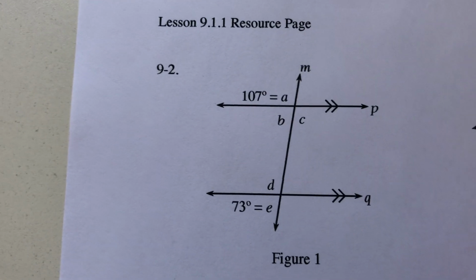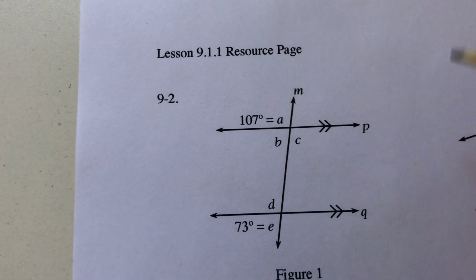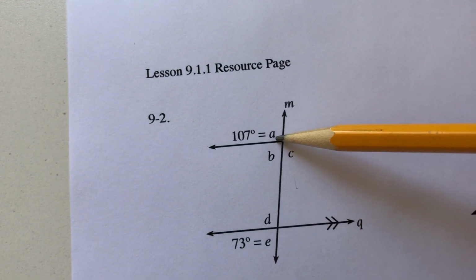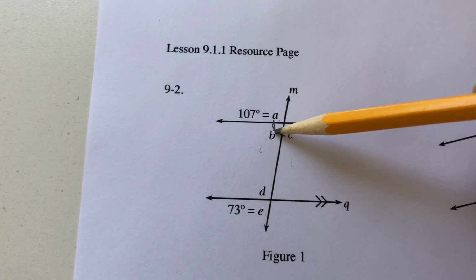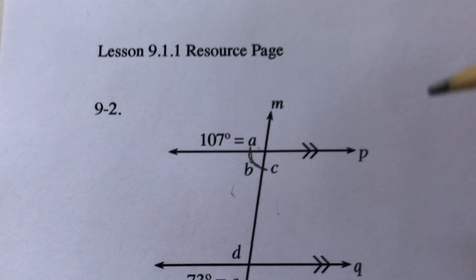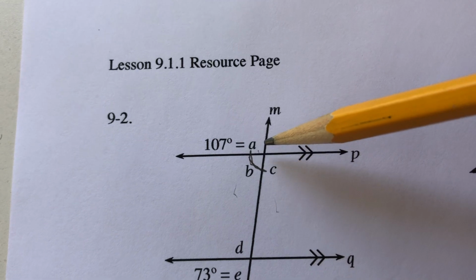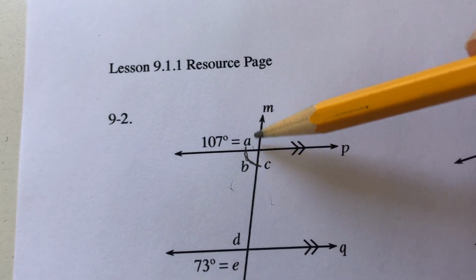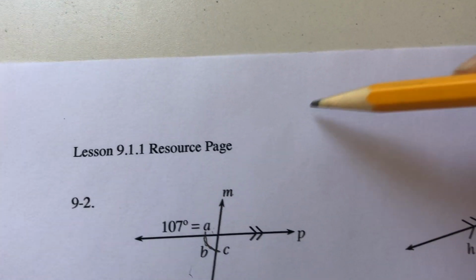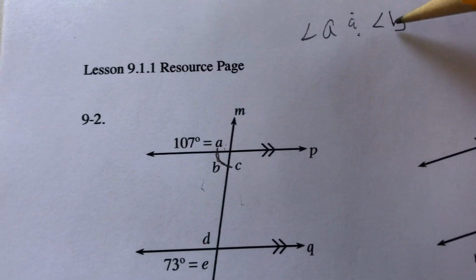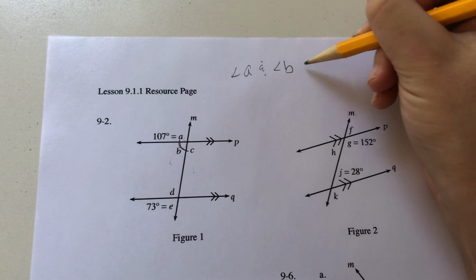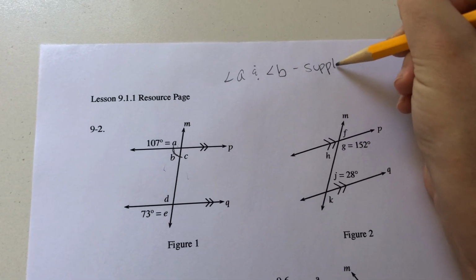So it wants us to find angle B. Here we have angle A is 107, and then here's angle B, and we're trying to figure out angle B. How could we figure that out? Angle A and angle B are called supplementary angles.